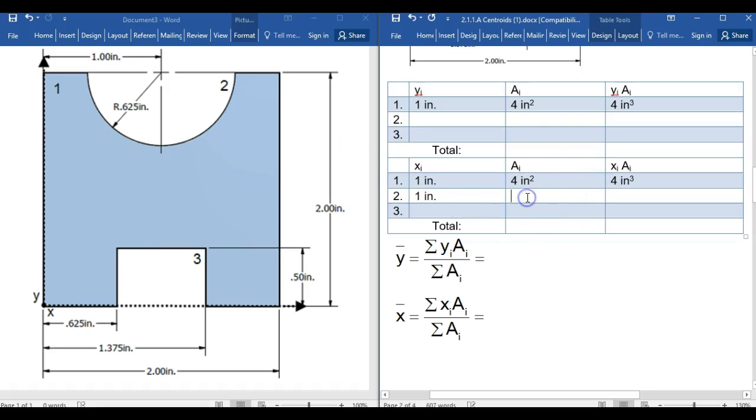The area of that semicircle is pi r squared divided by 2. We have to divide by 2 because it's only half of the circle.